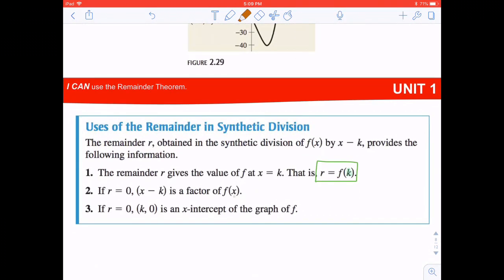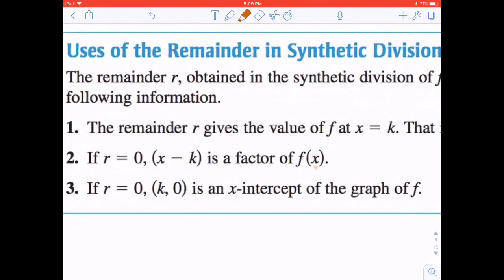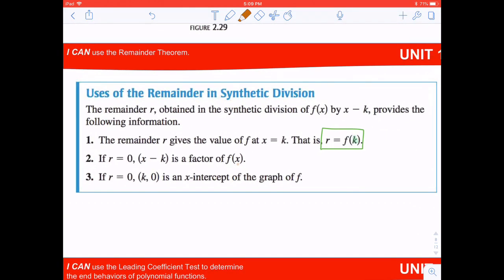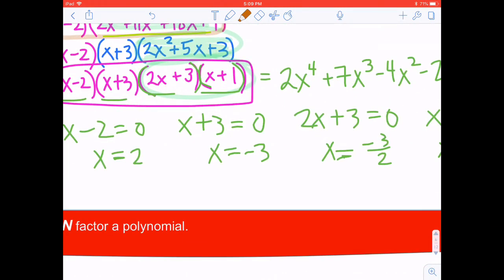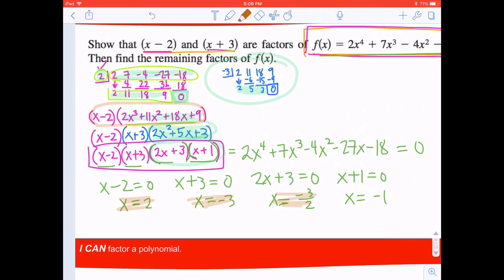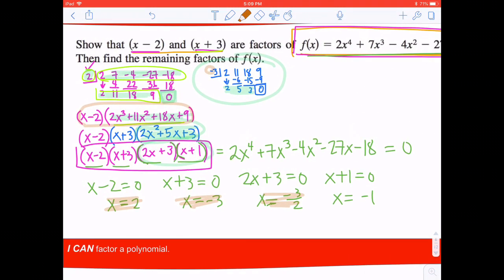And then lastly, we're able to see that if the remainder is equal to 0 for that k value, then it turns out to be an x-intercept. So notice here, when we were doing all of these solving here, it's actually these values here that we used for synthetic division. See how we got that 2, and then we have that -3.